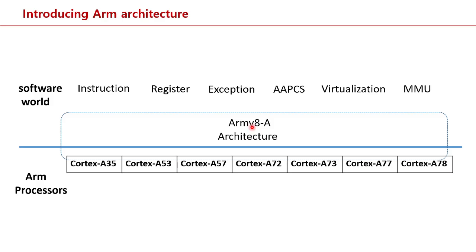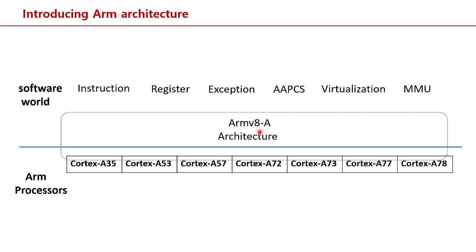The important point is that this assembly routine can be executable on another Cortex processor, such as Cortex-A73 and Cortex-A78, because all these product lines of ARM processors share one architecture, that is the ARM version 8 architecture.